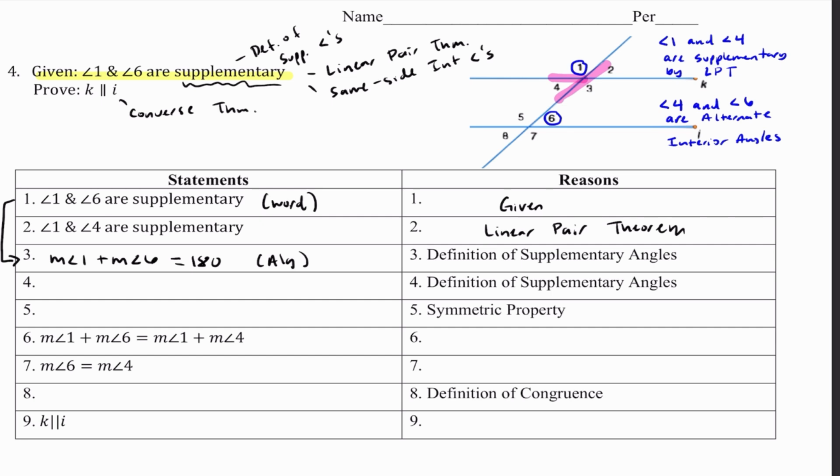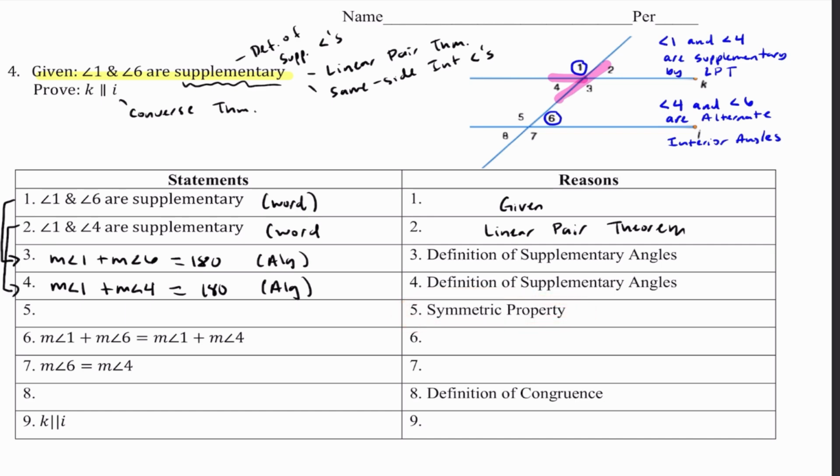For number 2, it says angle 1 and angle 4 are supplementary. Again, that's in word form, and I want to convert statement 2 to algebra form. So angle 1 and angle 4 are supplementary by the definition of supplementary angles. The measure of angle 1 plus the measure of angle 4 equals 180 degrees. This is in algebra form.